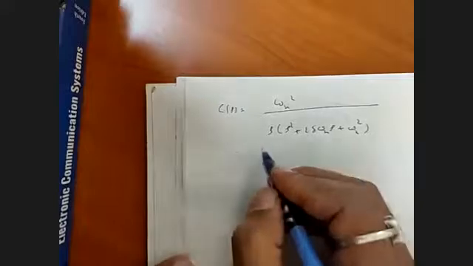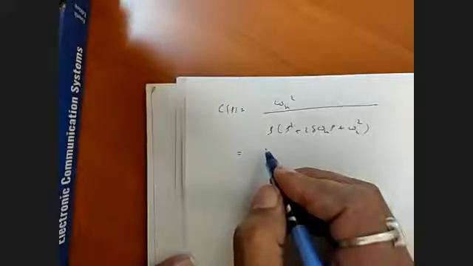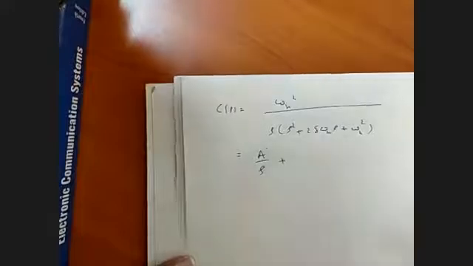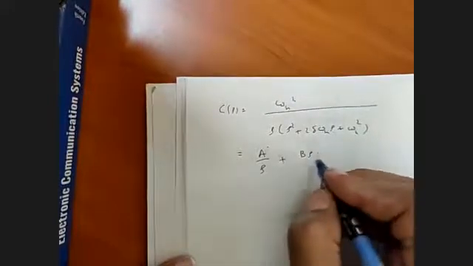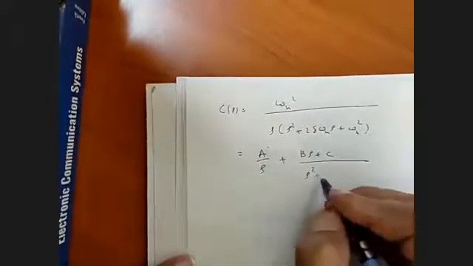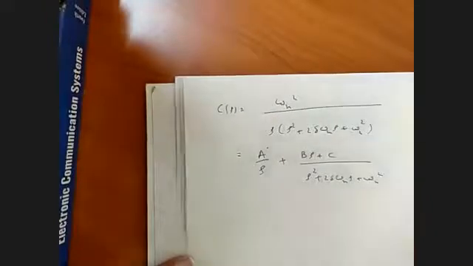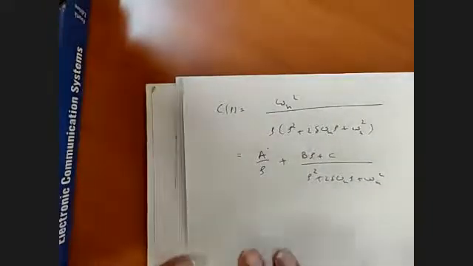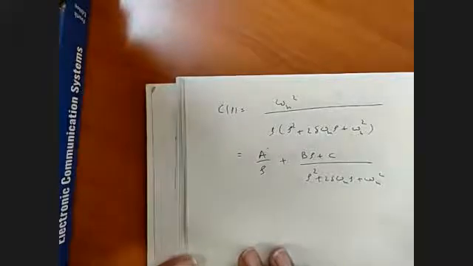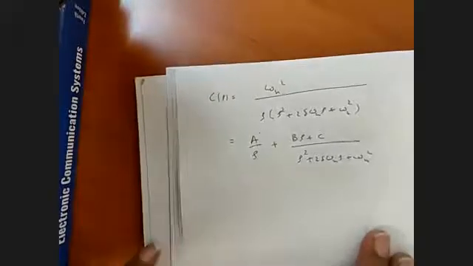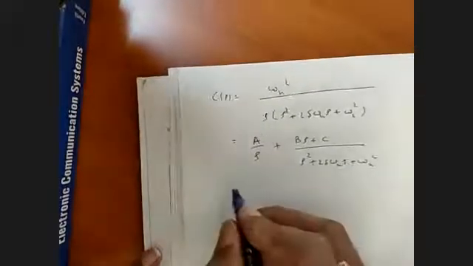So that means it will become A upon s plus (Bs plus C) upon s square plus 2 delta omega n s plus omega n square. And to find A, B, C, we can find A directly, and B and C when we equate the terms. So I will be directly writing the values.